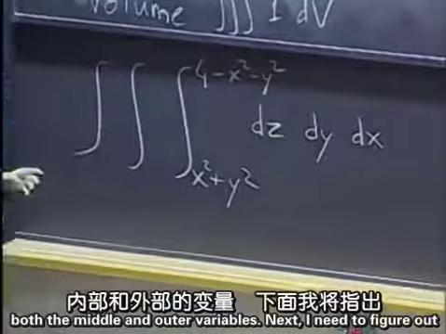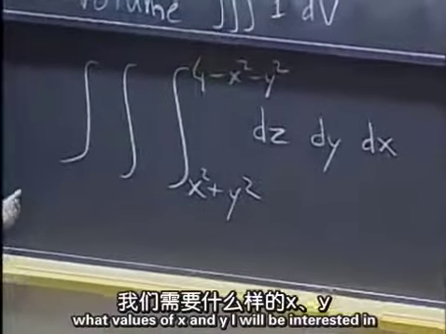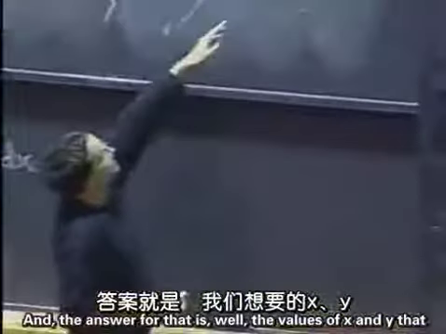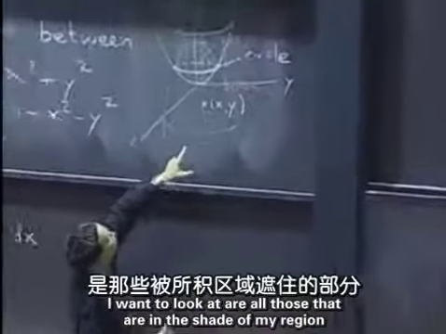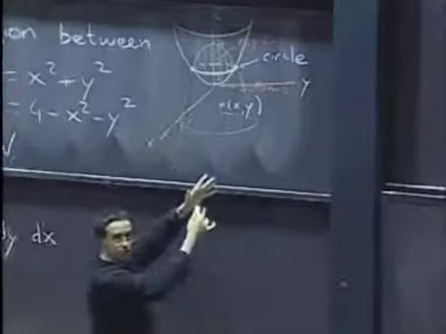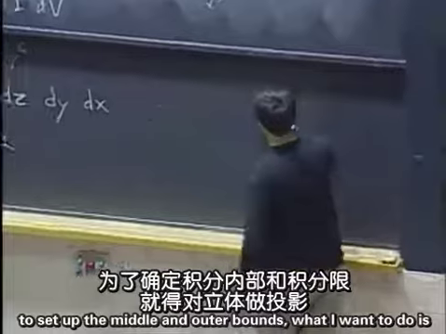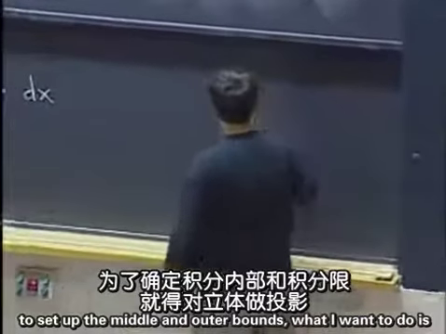Next, I need to figure out what values of x and y I will be interested in. The values of x and y that I want to look at are all those that are in the shade of my region. So to set up the middle and outer bounds, what I want to do is project my solid.